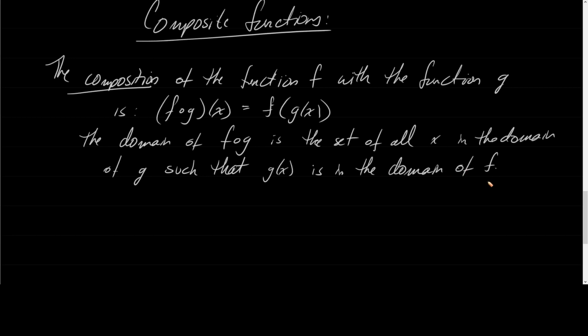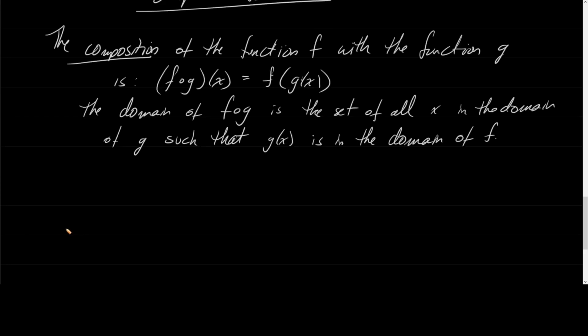So essentially what we're saying is, whatever value we get after we plug x into g, we should still be able to plug it into f. So we have to take the domain of the inside function and then make sure that whatever our output is is still within the domain of the outer function. The inside function being g of x, the outer function being f.